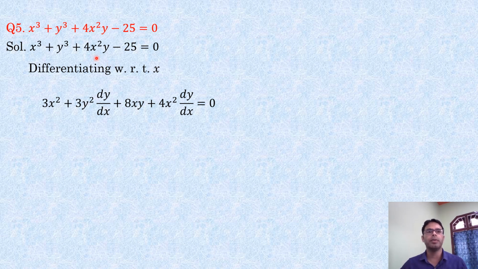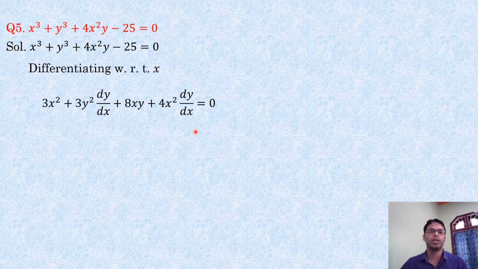So 4x square differentiation, the 2 will come out, so it will be 8x into y, plus 4x square, and y differentiation is dy/dx. 25 is a constant, so it will be 0, and on the right hand side it is obviously 0.